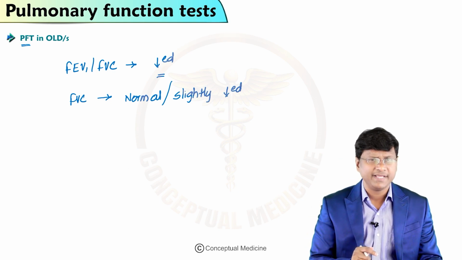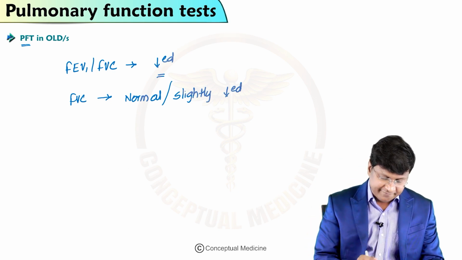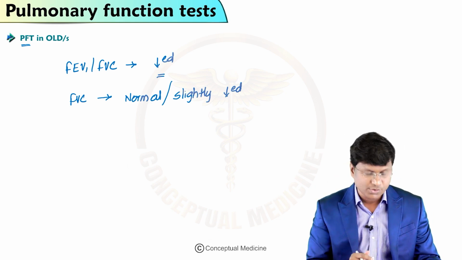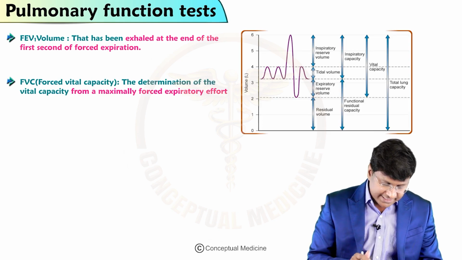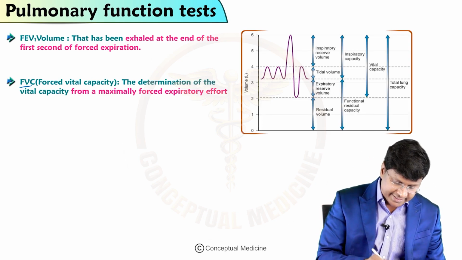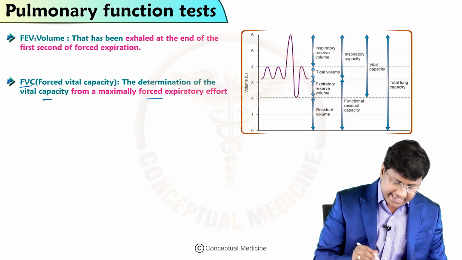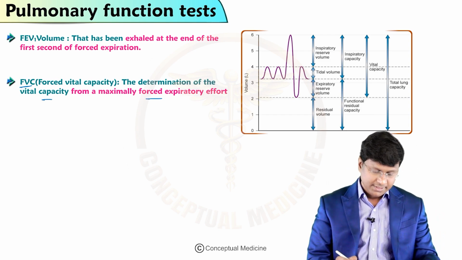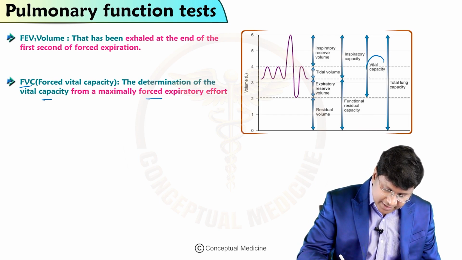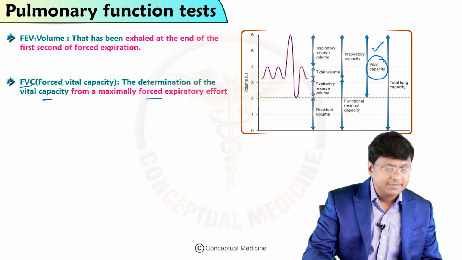Now, let me explain why this FVC is normal or slightly decreased in case of OLD. For that you need to know what is this FVC. FVC is a determination of the vital capacity from a maximally forced expiratory effort. Now, what does this FVC contain? It is nothing but your vital capacity.